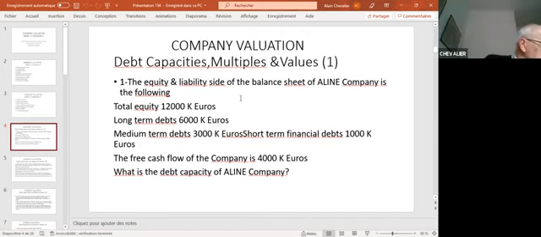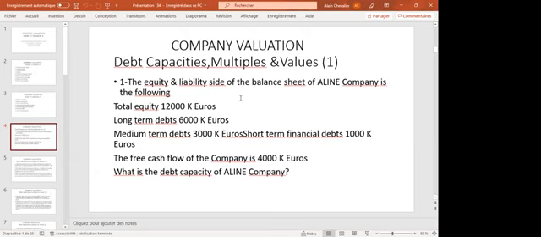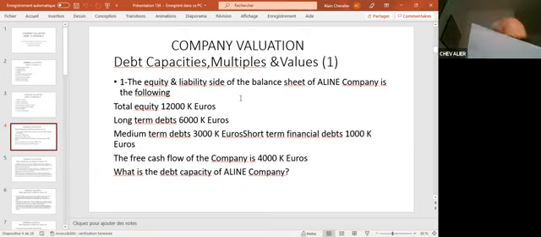If you have a look at the case, you understand that we have 7 different questions, and we cover a large part of what we have done in the past, which is related to valuation.